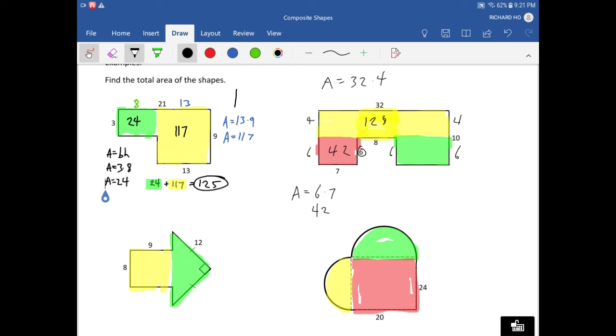Let me write this out and explain it. So this whole line is 32. The red one is 7. So we take out this red part. 32 minus 7. That means what's left here is 25. Then you take out the 8 here.